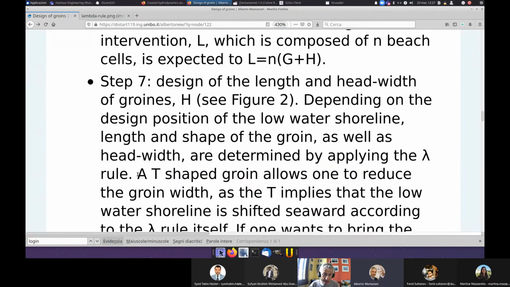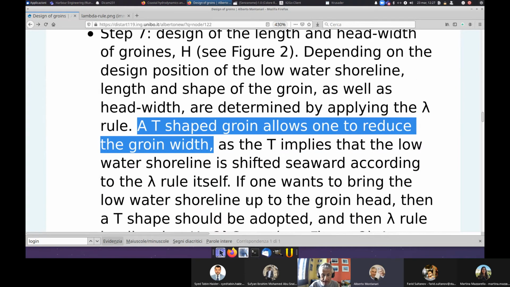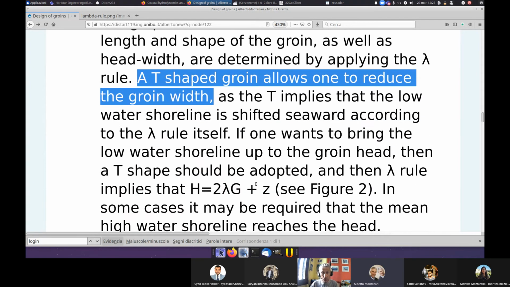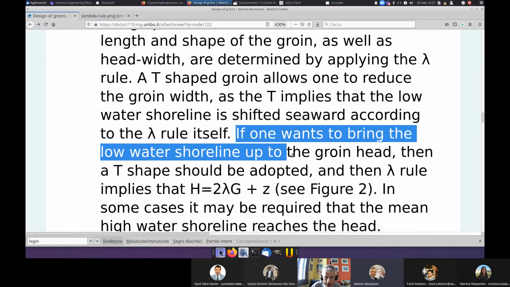Of course, a T-shaped groin allows one to reduce the groin width, as the T implies that the low water shoreline is shifted seaward, according to the lambda rule itself. If one wants to bring the low water shoreline up to the groin head, this is possible, but you need a T-shaped groin.